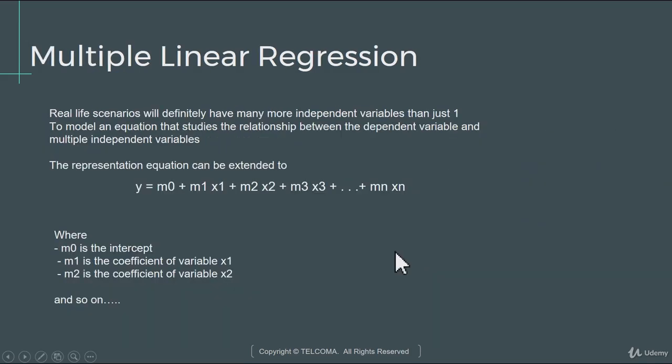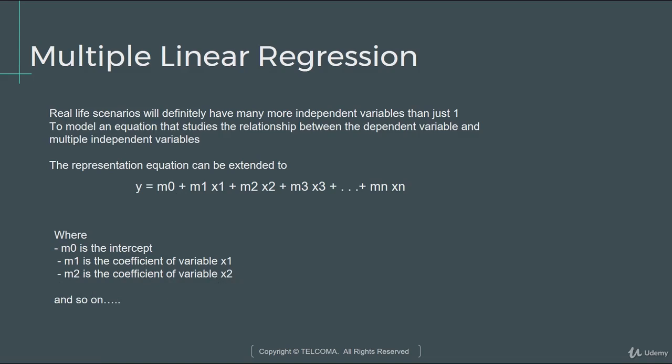Then we moved on to multiple linear regression, extending simple linear regression to include several other independent attributes with the equation y is equal to m0 plus m1x1 and so on up to mnxn, where n is the total number of independent variables. Each of m1, m2 is the individual impact of the variables corresponding to x1, x2, and so on.